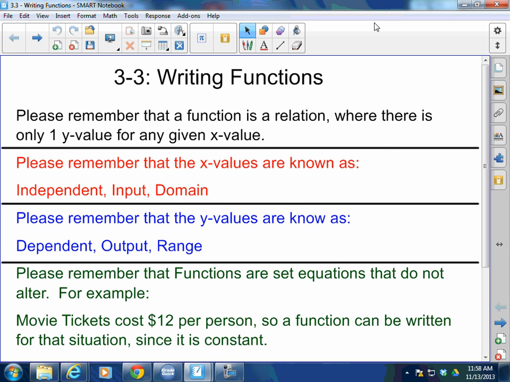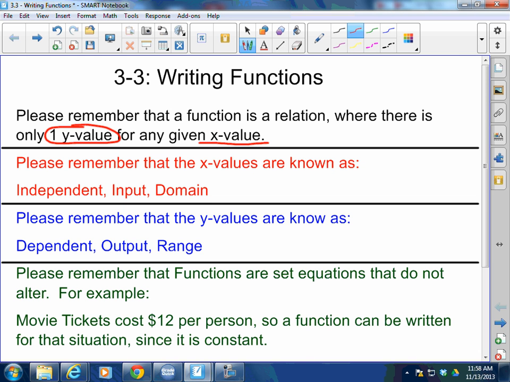So to help you out with that, please remember all of the skills that we've learned up to now, because you can combine them all to make this a little bit easier. Let's just go over some pointers, please. Please remember, my friends, that a function is a relation where there is only one y value for any given x value.